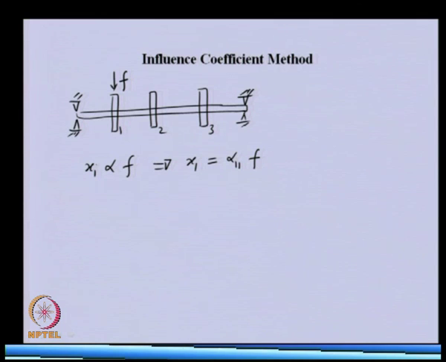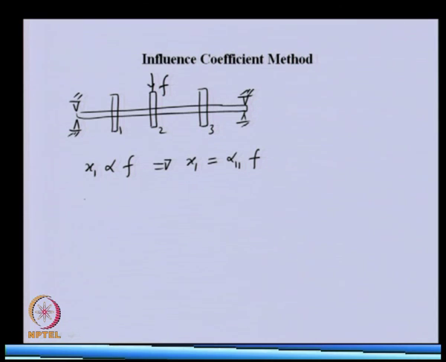Now, in the second case, if we remove this force from here and apply the same force on the second disc, this force not only gives the displacement at location 2, but also at disc 1 and disc 3, because the whole shaft will get deflected and we will be having displacement at 1 also.